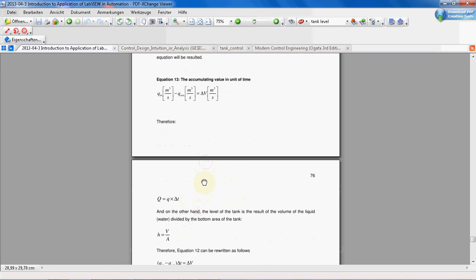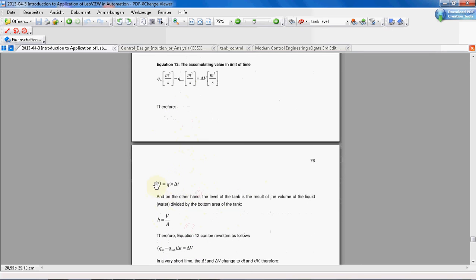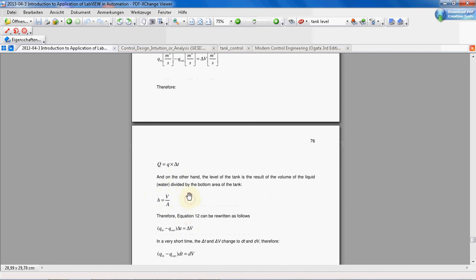And we can also say that the volume accumulated, in general, the volume is equal to Q, the short letter, times delta T. I think this also doesn't need any more explanation.